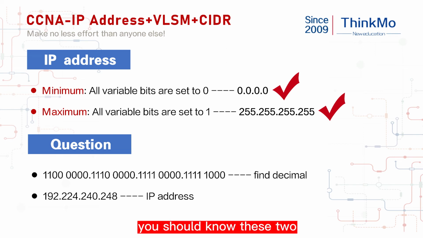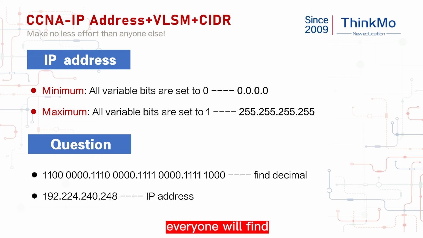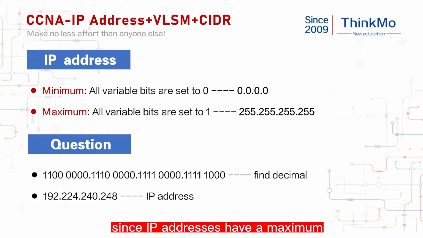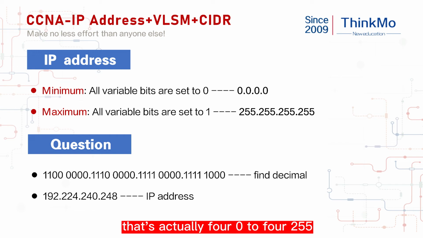You should know these too. This is what we call max and min. Since IP addresses have a maximum and a minimum, that's actually 0.0.0.0 to 255.255.255.255. This is the overall range of IP addresses.